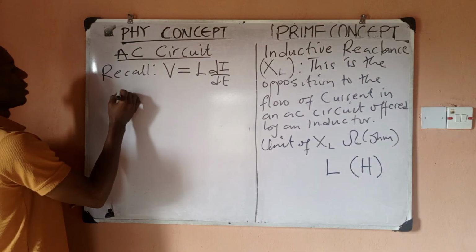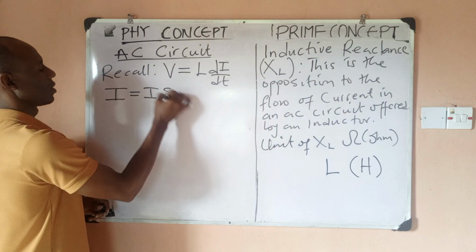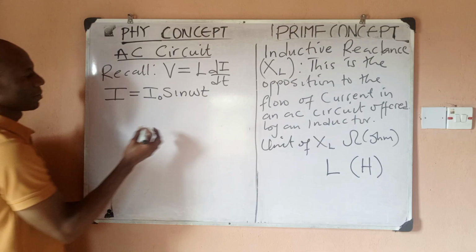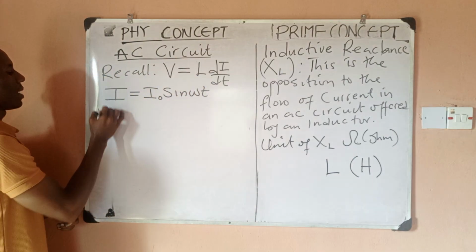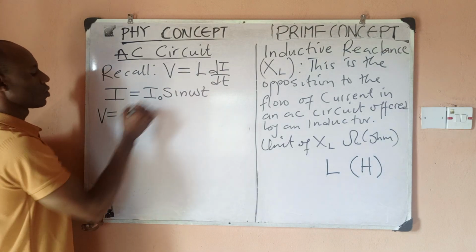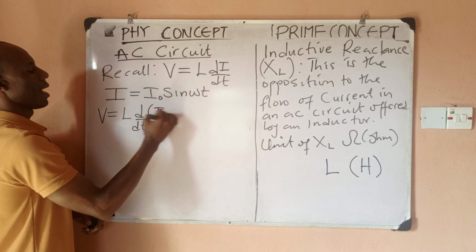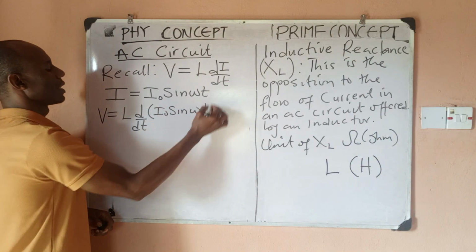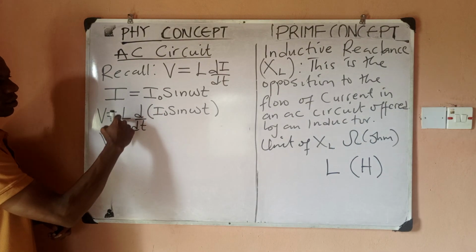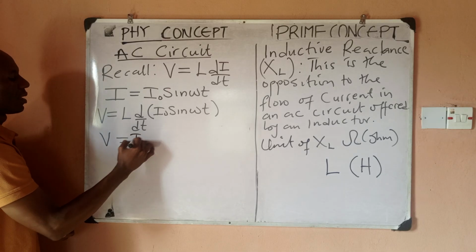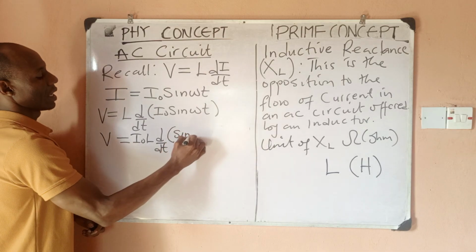If we denote the current I as a sine function, I naught sine omega t, then I can differentiate. So I'll have that my voltage V is equal to L d/dt of I naught sine omega t. I can bring I naught out as a constant, so I have I naught L d/dt of sine omega t.